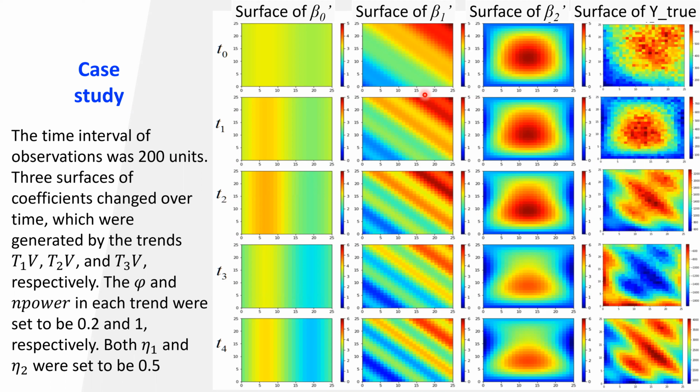I'm not showing x1 and x2, but only the coefficients, beta 1 and beta 2. And the y, you can treat it as a house price or dependent variable. And this is the constant coefficient, beta 0. You can see it's changing across space and time.